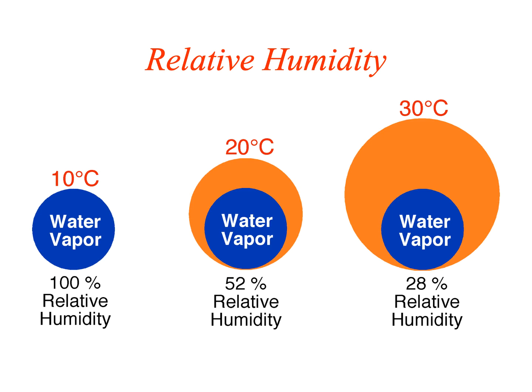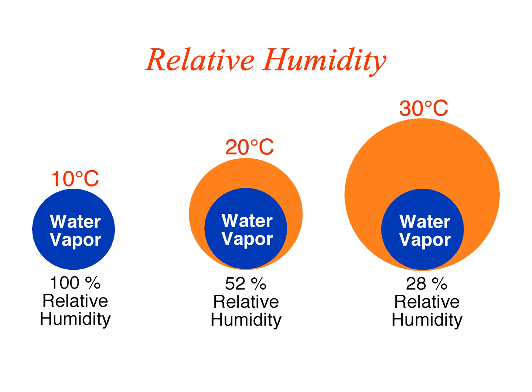And it's dropping because the air has the ability to hold more moisture as it warms up. So from 10 to 20 degrees, we go from 100% relative humidity to 52% relative humidity. Increase it another 10 degrees to 30 degrees Celsius, and relative humidity drops even further to 28%, indicating that a lot more water vapor can be held.